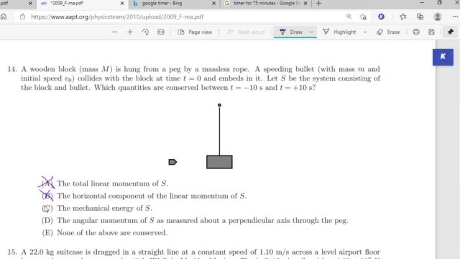Yeah, okay, I think it's either D or E, and so we know that the sum of external torques is just the change in angular momentum with respect to time.